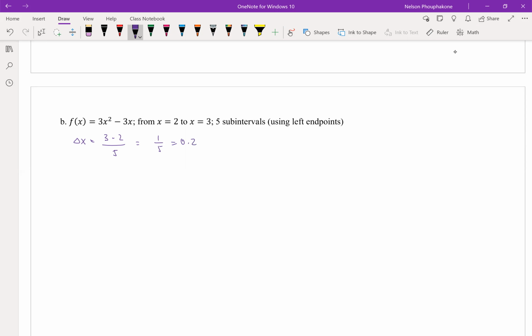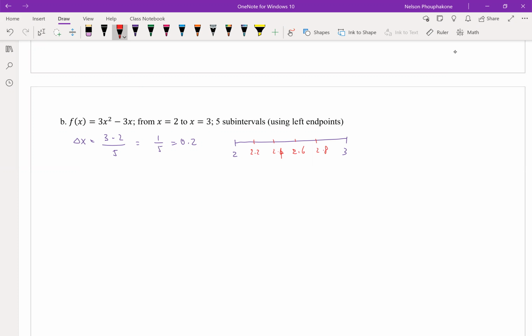Okay, so we are going to work with 2 to 3, and then we would like to separate this into 5 parts. So it is 2, 2.2, 2.4, 2.6, and 2.8.